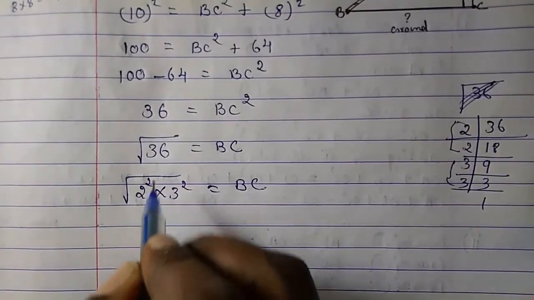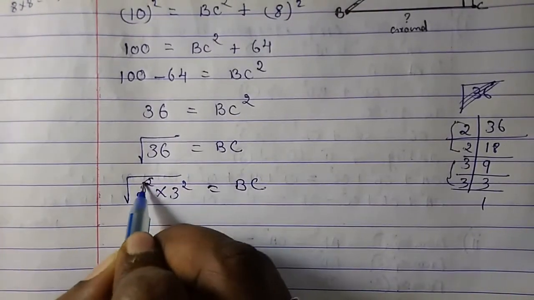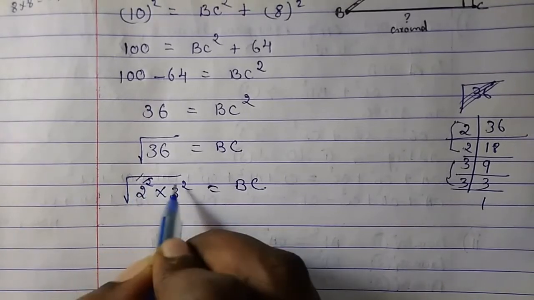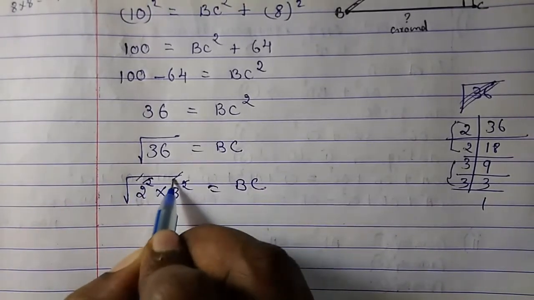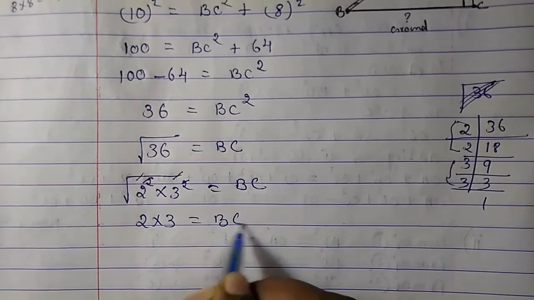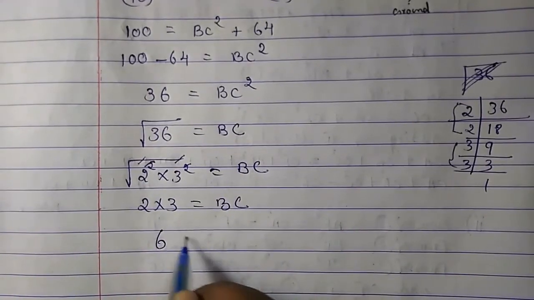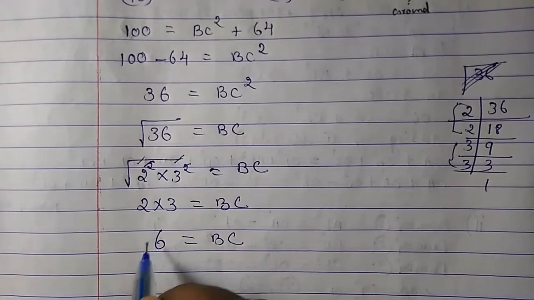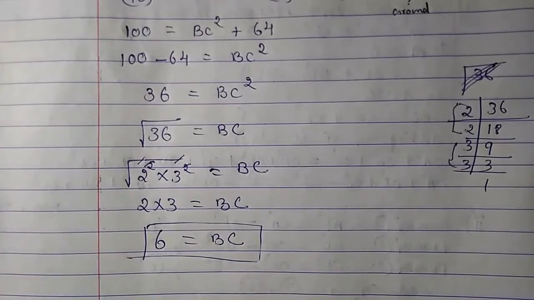So now here also square is there. Square goes means root will go for this. Here also square goes means root will go for this. So you have 2 into 3 equal to BC, then 6 equal to BC. So this is what we had to find out.